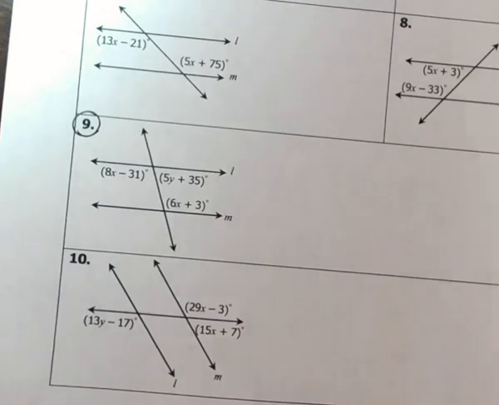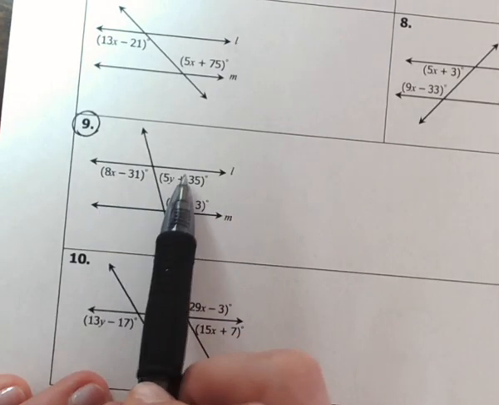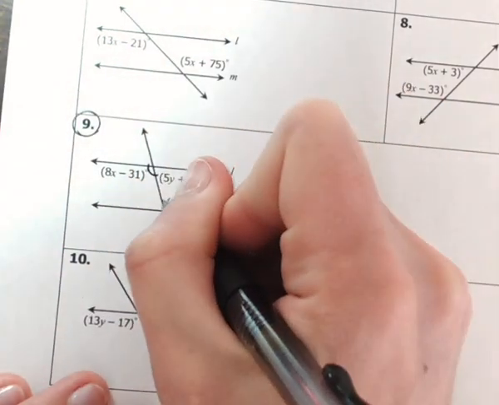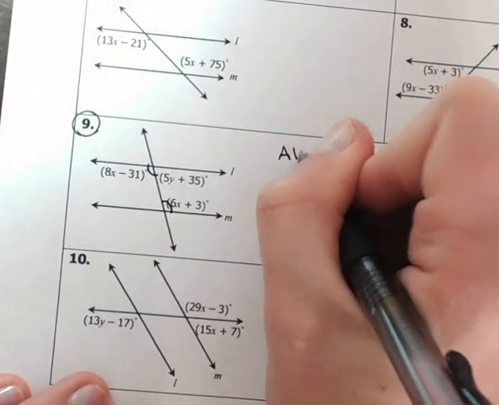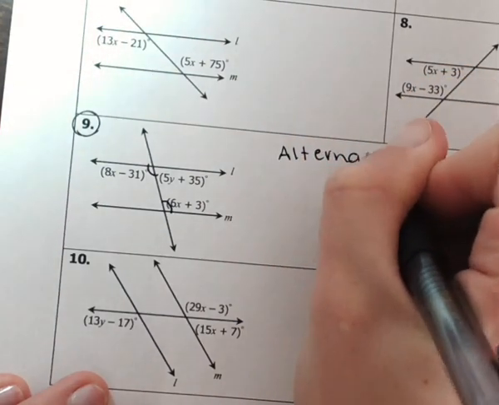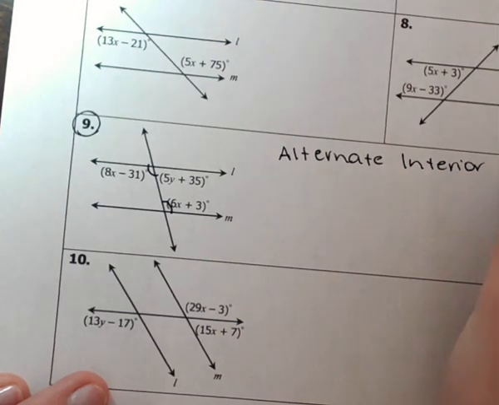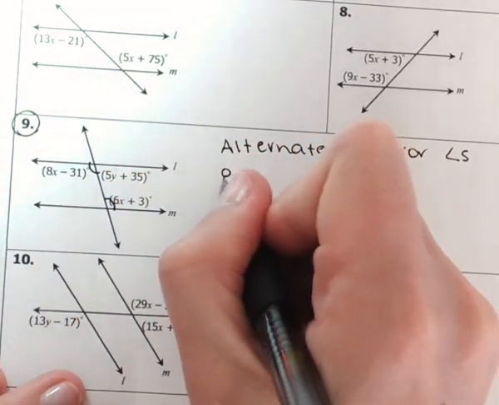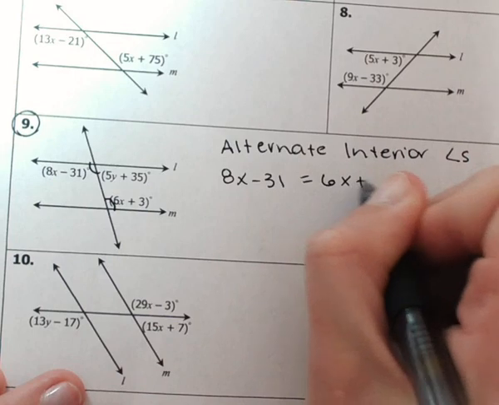This one has 2 variables, so obviously we're not going to try to look at these two together because this one has a y and this one has an x. So we're going to start with the alternate interior angles, and alternate interior angles are congruent. So the alternate interior angles, you set those equal to each other, and I'm going to start with these two because they both have x's.